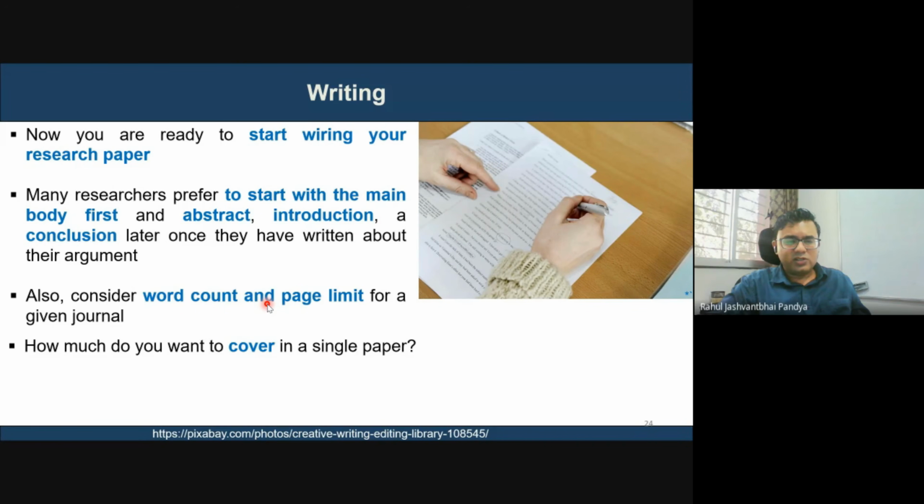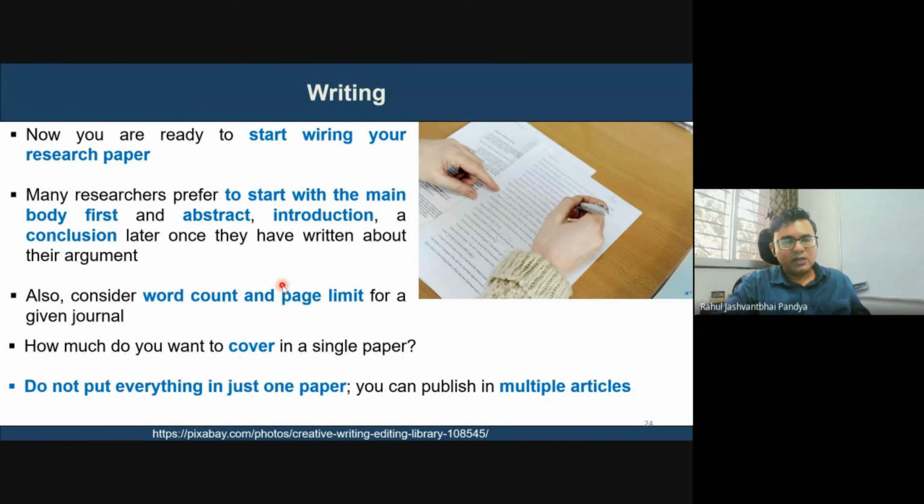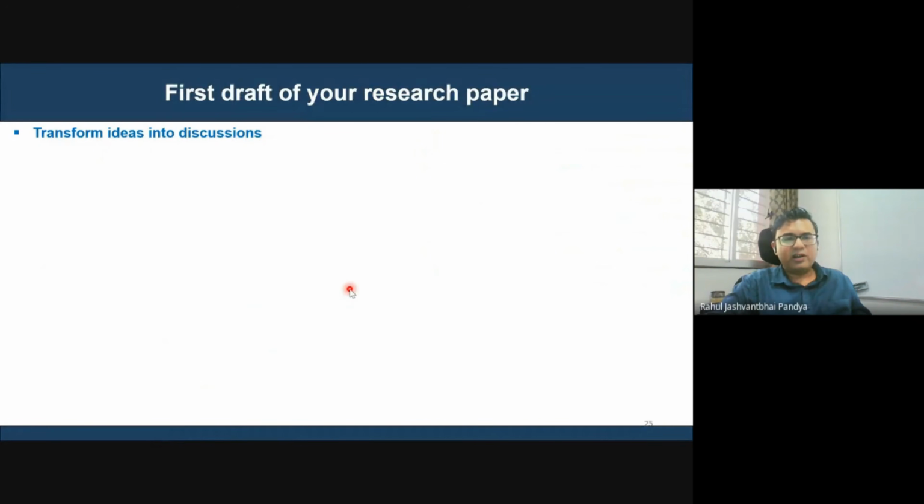Or it can be cut short later also in the second revision, which is fine, but we should be aware of this. So we have to see how much we want to cover in a single paper, because we don't want to cover everything in a single paper. It can be split into multiple papers, and these charges can be optimized. So we should not put everything into a single paper. We can publish multiple articles and cut down these charges, right? If it is matching the expectations in quality.